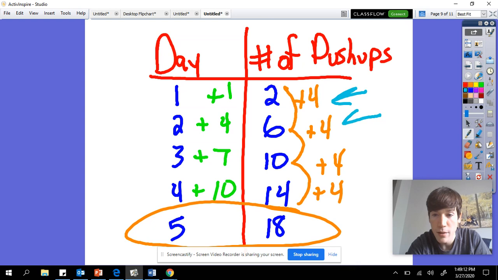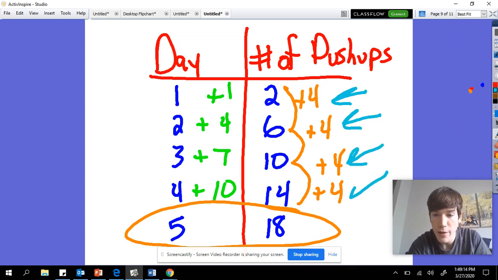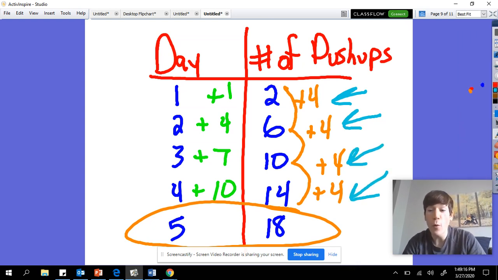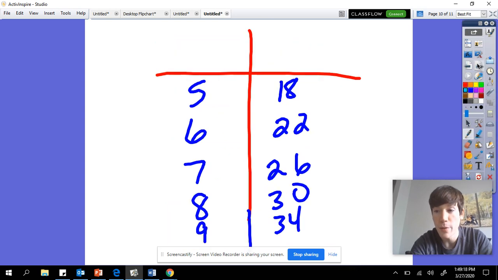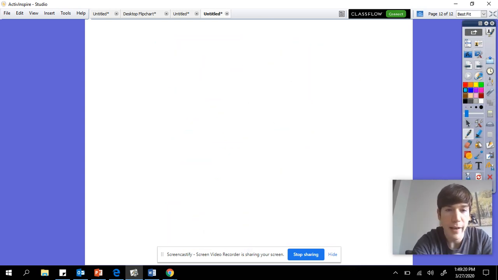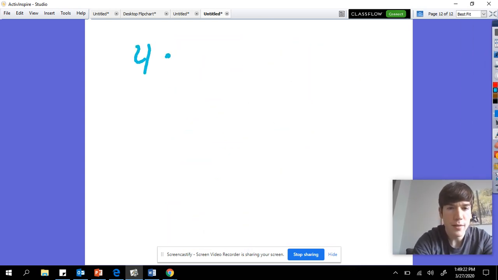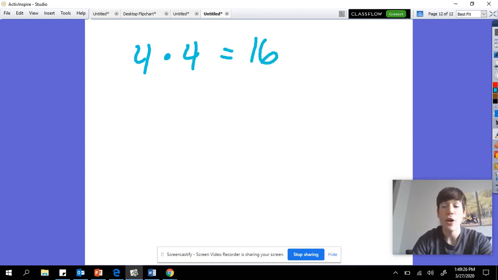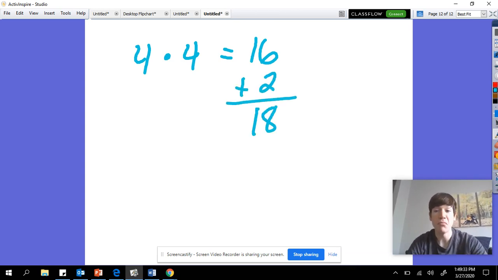So there's 1, 2, 3, 4. So in other words, let's go back to this picture here. We could say 4 times 4 equals 16. But remember, then we had to add that 2 from the original day. Plus 2 is 18. Interesting.